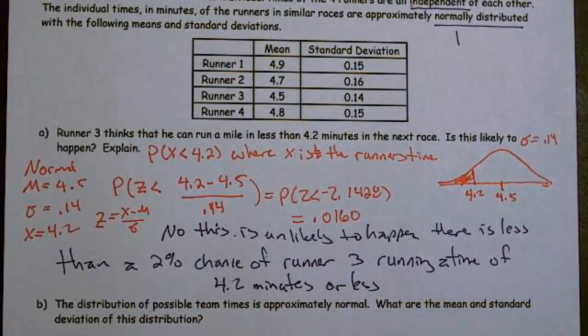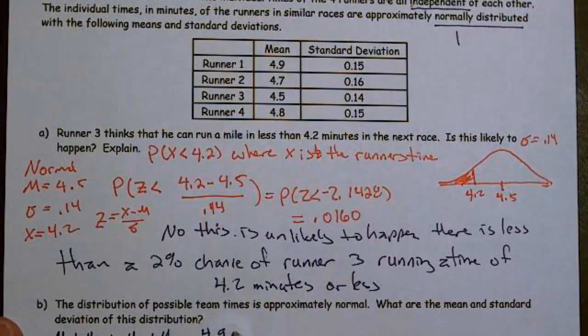The distribution of possible team times is also approximately normal. What are the mean and standard deviation of the distribution? Well, regardless, we can always add means. So in this case, we can go, well, the mean of 1 plus the mean of 2 plus the mean of 3 plus the mean of 4, which would be 4.9 plus 4.7 plus 4.5 plus 4.8.